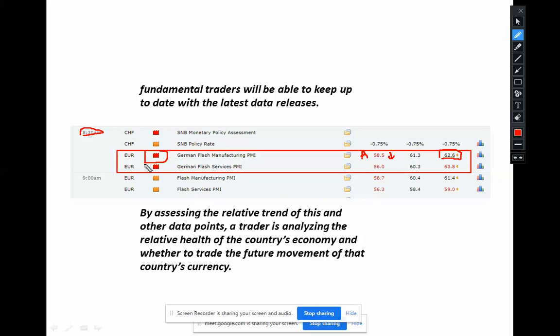So euro is negative, which means any currency pair where euro is the base currency would be negative. That would be a downtrend.